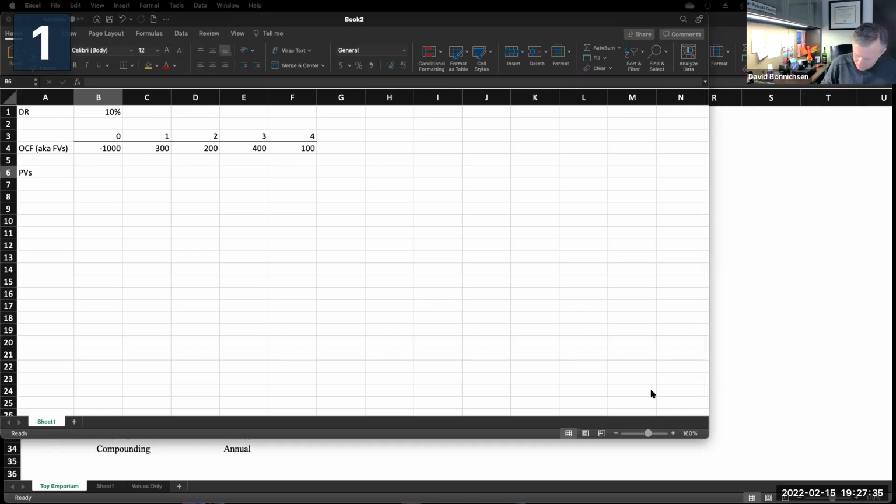Screen mirroring. Can you guys see that? Can you guys see my iPad screen? Yes, we can. All right. So you can see that.